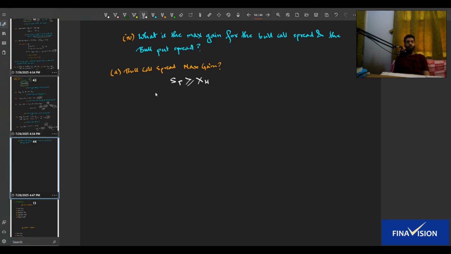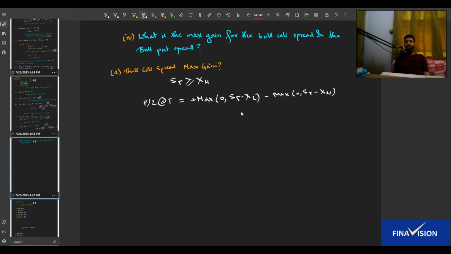This means for the bull call spread, the profit or loss at expiry T is equal to plus max of 0, ST minus XL, minus max of 0, ST minus XH. We have sold the higher strike option and we have bought the lower strike option. This is what this equation is representing so far.